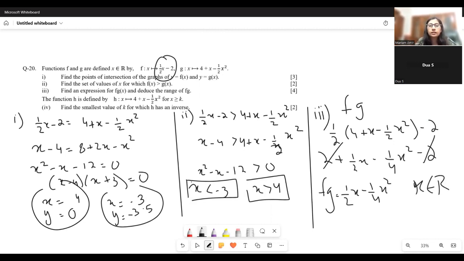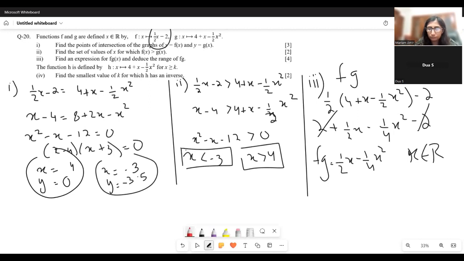Okay, and hence deduce the range of fg. We know fg and we know the input. Fg is half x minus 1 by 4 x square.